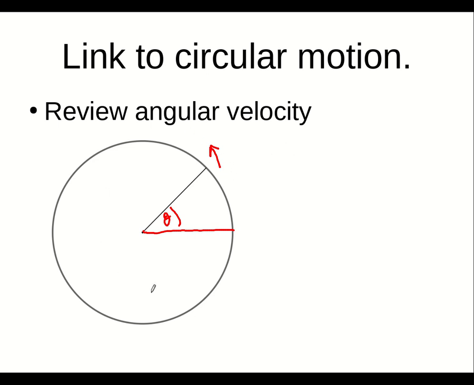You should recall that in one complete revolution it's 2 pi radians, and that takes the time period to get around. But because 1 over the time period is equal to the frequency, angular velocity is equal to 2 pi f.